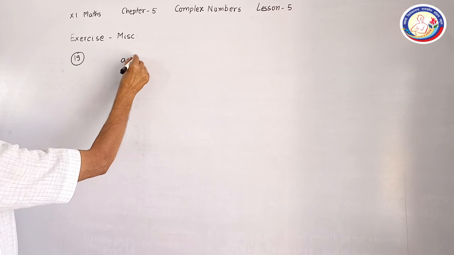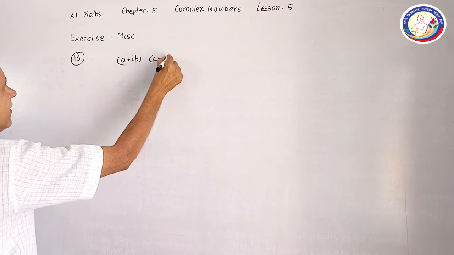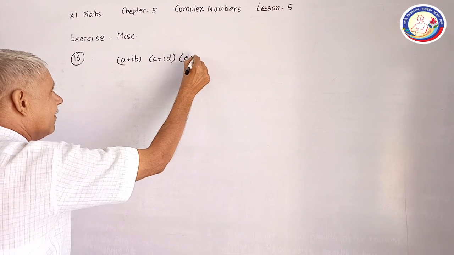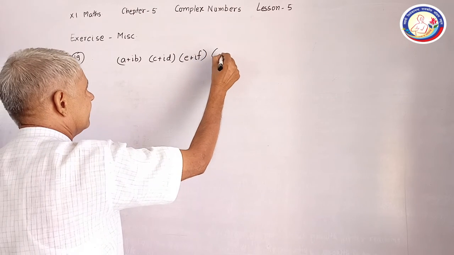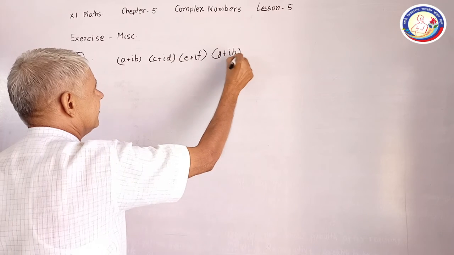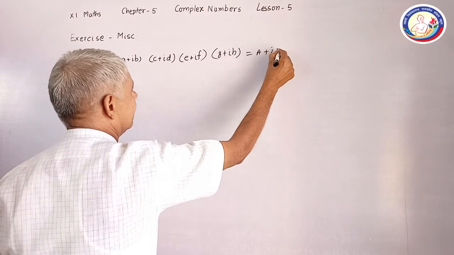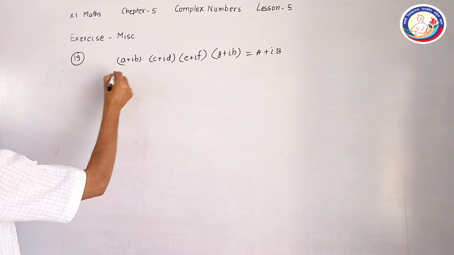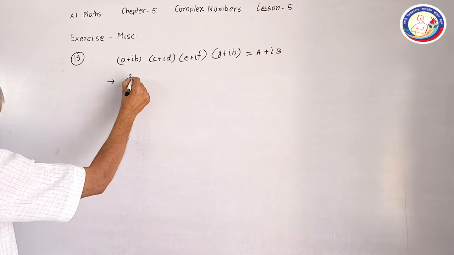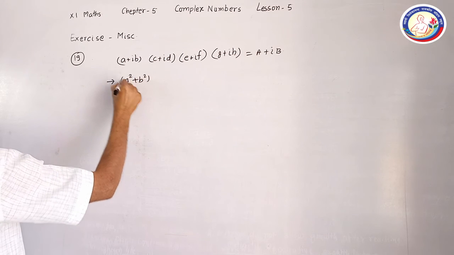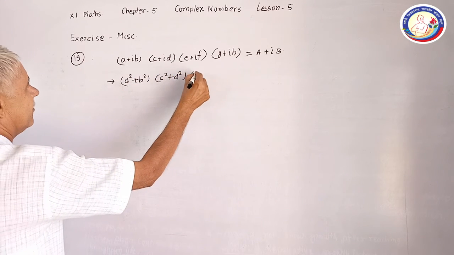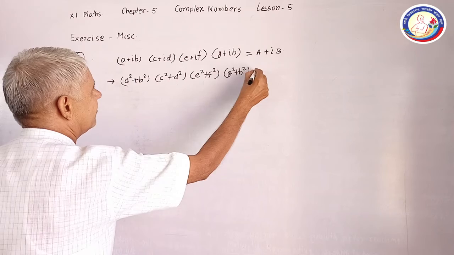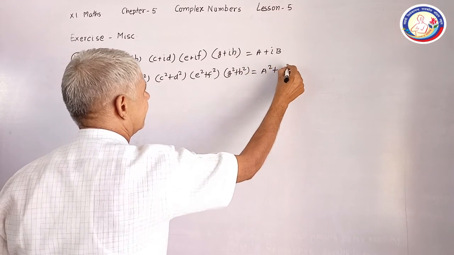A plus iota B, C plus iota D, E plus iota F, G plus iota H equal to A plus iota B. Show that A square plus B square, C square plus D square, E square plus F square, G square plus H square is equal to A square plus B square. We have to show this.